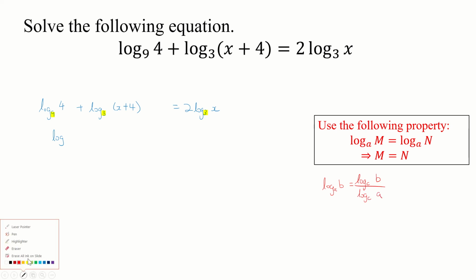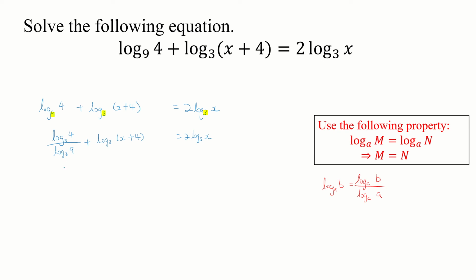So in this case, we want to change to log base 3, so here will be log base 3 of 4 over log base 3 of 9. Okay, the rest of the things are still as it is. Let's just copy them down.